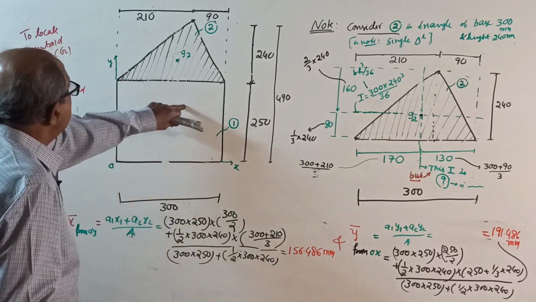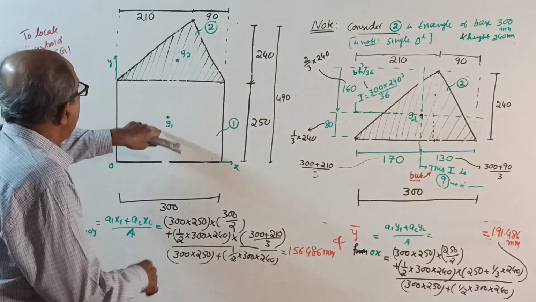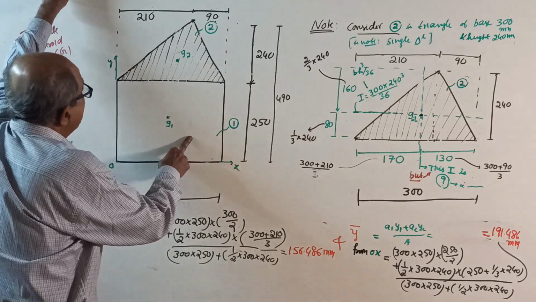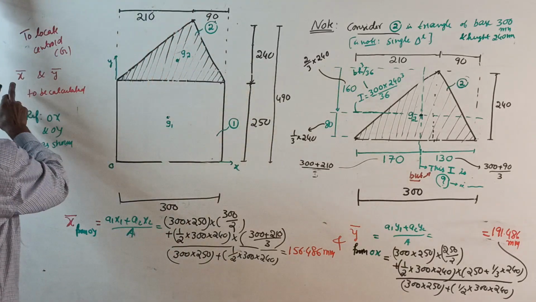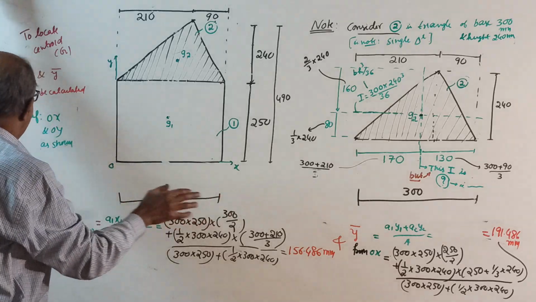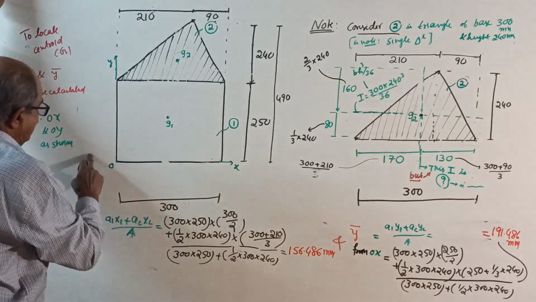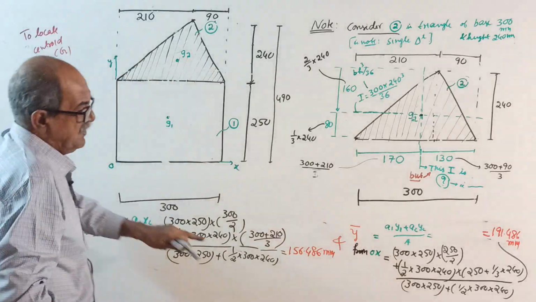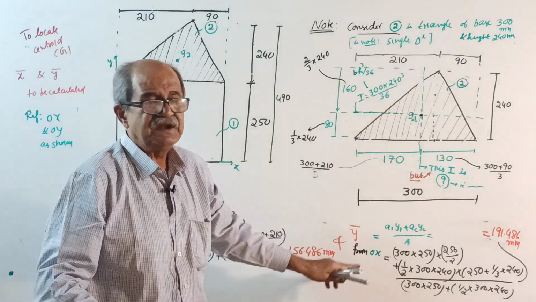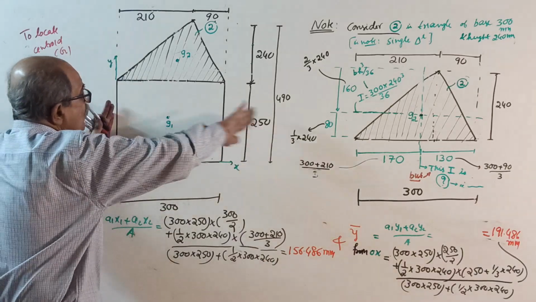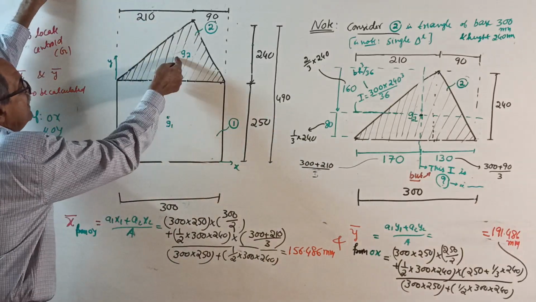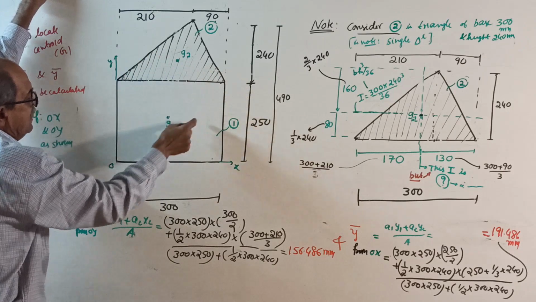To locate centroid G for the entire 1 and 2 together, 1 is a rectangle, 2 is the full triangle. X bar, Y bar to be calculated. Reference OX, reference OY. If I explain all this, it is a waste of time. Start. X bar from OY is A1 X1 plus A2 X2 divided by total area.